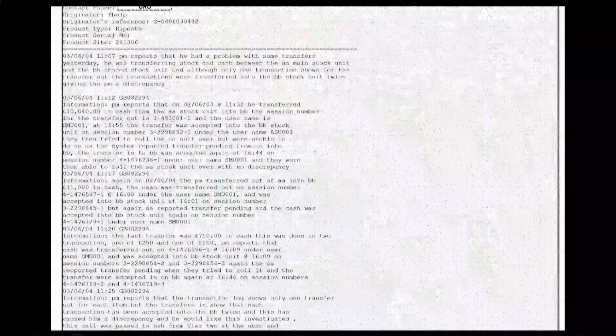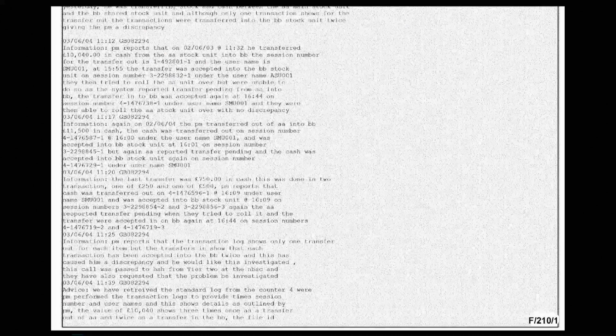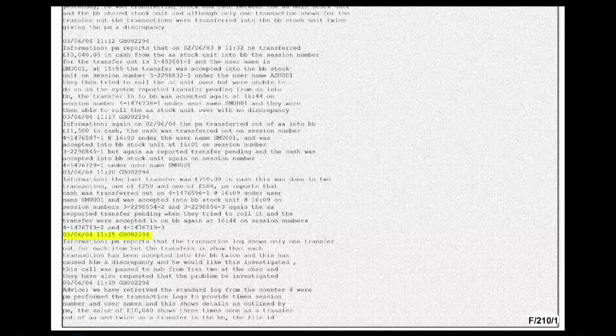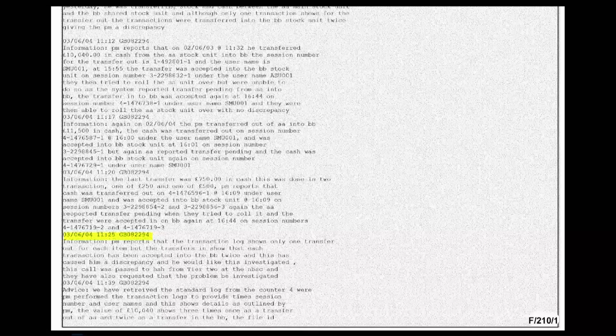And if we look at the foot of the page, please, at the entry for the 3rd of June at 11:25, it's about 10, 12 lines up from the bottom. Thank you. Information, postmaster reports that the transaction log shows only one transfer out for each item, but the transfers in show that each transaction has been accepted into the BB.